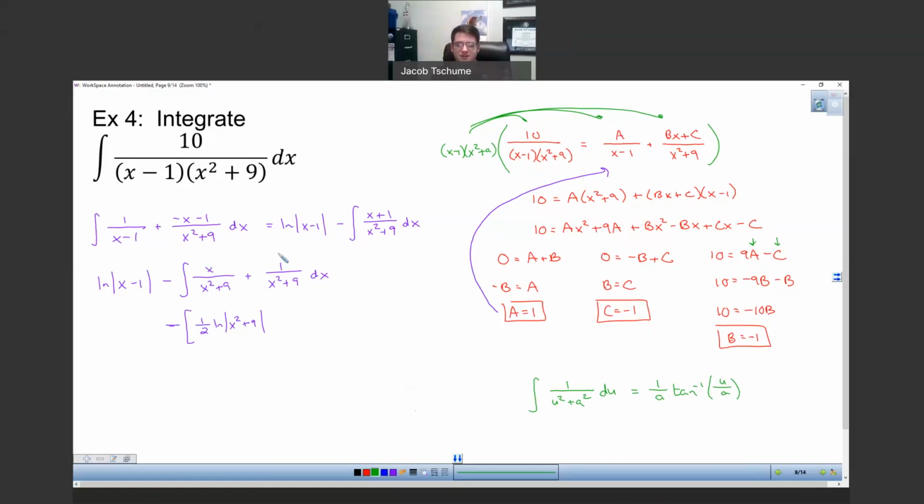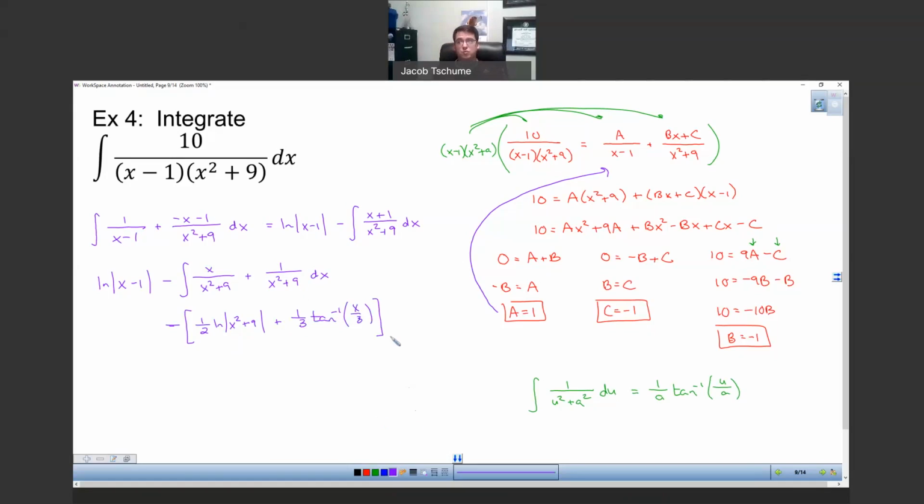Well, in our case, u could just be x, and a is going to actually be 3 because that's the square root of 9. So it can be shown that this integrates into 1/3 times the inverse tangent of x over 3. And that's how we have to go through that.